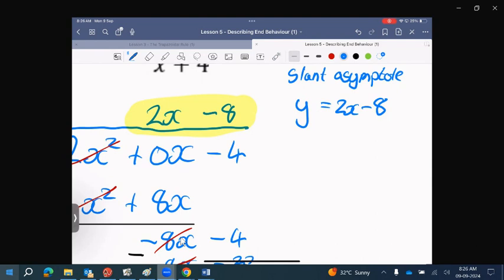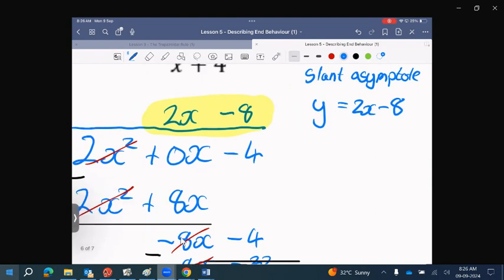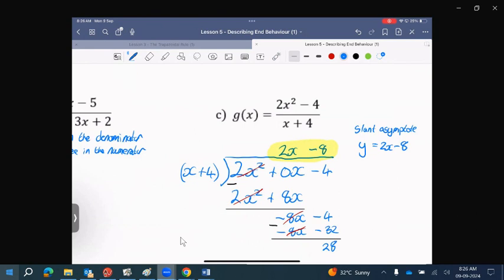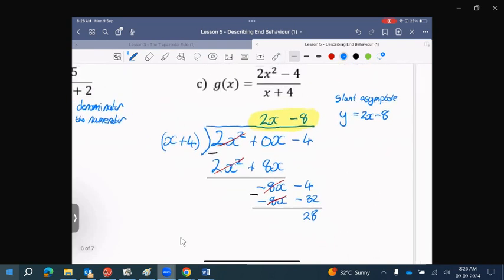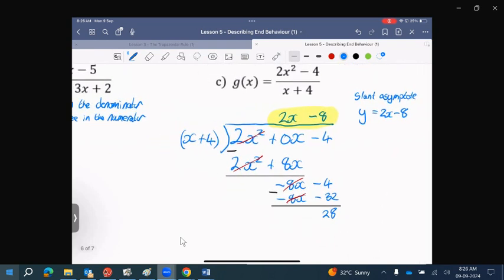John: Can you also find 2x squared plus 0x minus 4 by 2x minus 8? Not quite following what your question was. Are you multiplying them? What I'm basically doing is rearranging g of x. This allows me to express g of x in different forms.